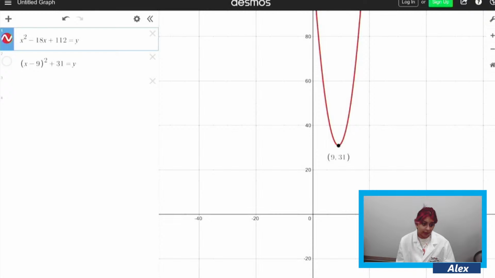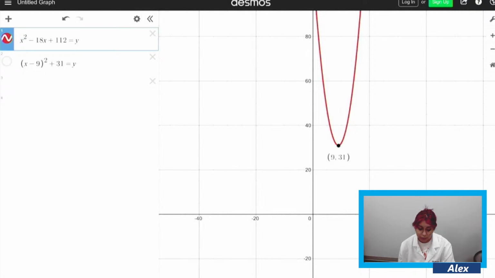So if you know anything about how to graph parabolas, you know that a parabola centered at the origin has the equation of y equals x squared. And so to adjust this equation, you can alter where it starts on the x-axis, shifting it right horizontally by subtracting 9 from the x squared value.